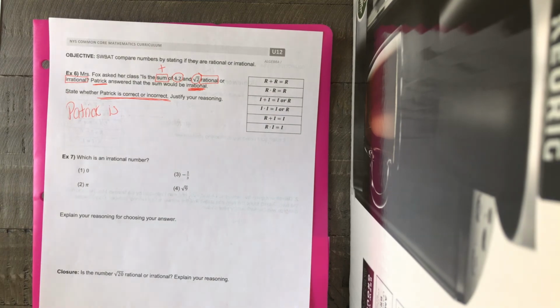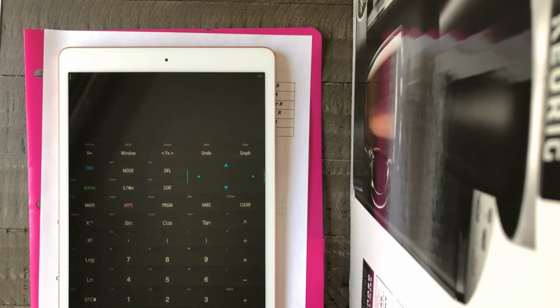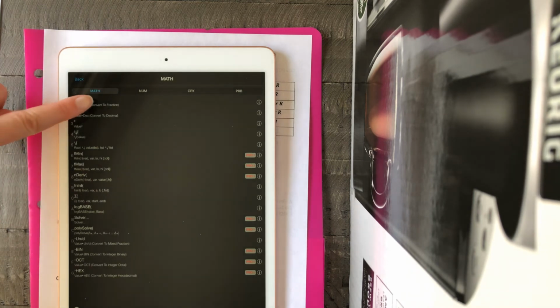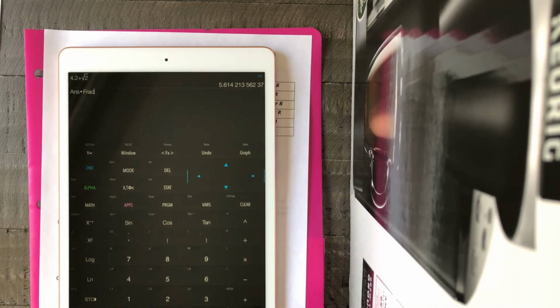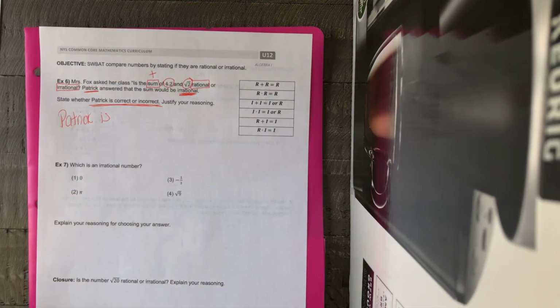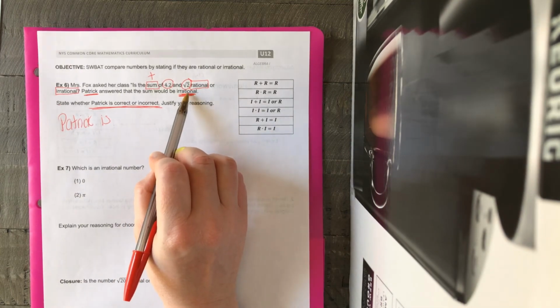So let me open up that app one more time. And I'm just going to type it in. So I'm going to add 4.2 and the square root of 2, rad 2. Okay, I get my decimal. And now I'm going to check math. Fraction. Can it be turned into a fraction? And it cannot. So on the side, it says Patrick is, well, it was irrational, and he said it was irrational.